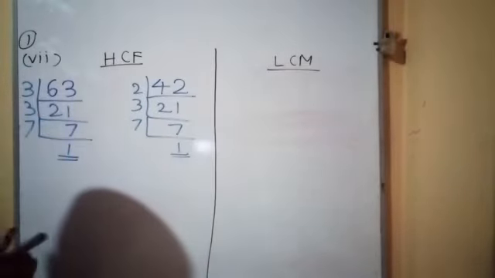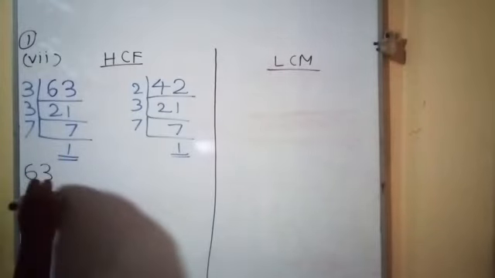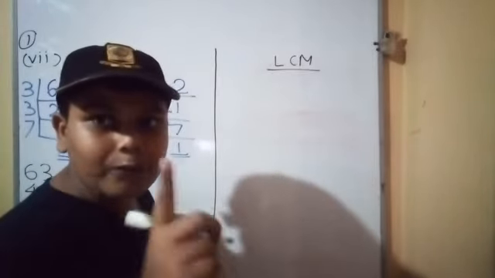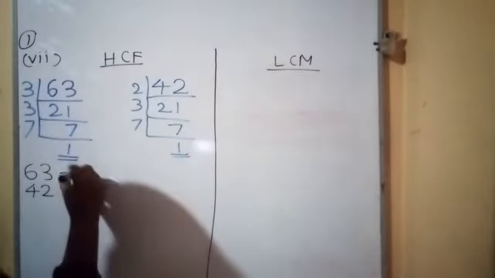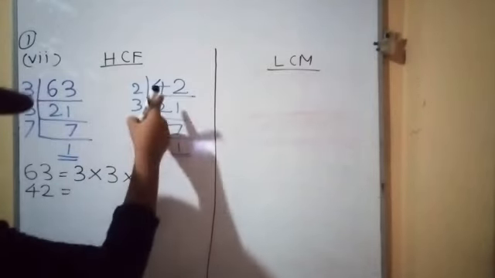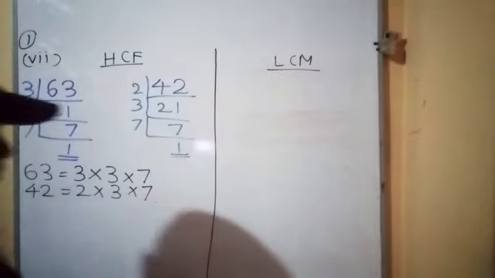So write 63 and 42 in corresponding way with these prime factors. 63 is 3 multiply 7. 42 is 2 multiply 3 multiply 7.